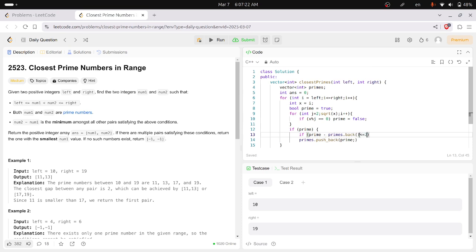If I find one, then I will just terminate here and return primes dot back comma prime.